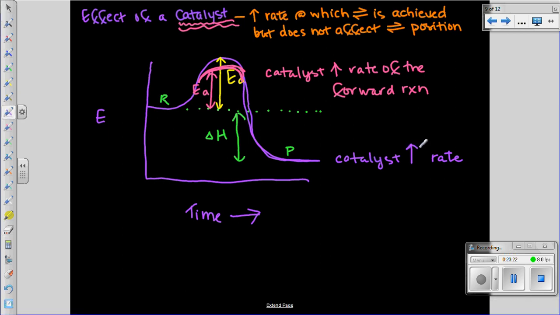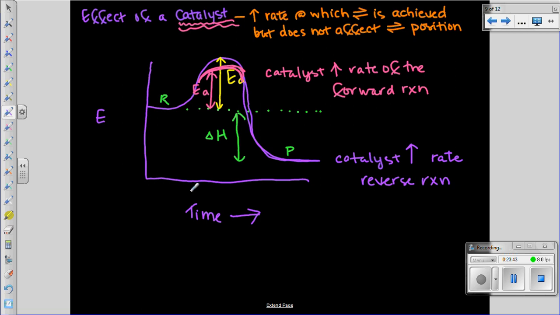By decreasing the activation energy, it increases the rate of the reverse reaction. So it doesn't affect the equilibrium position, but it does speed the rate at which equilibrium is achieved.